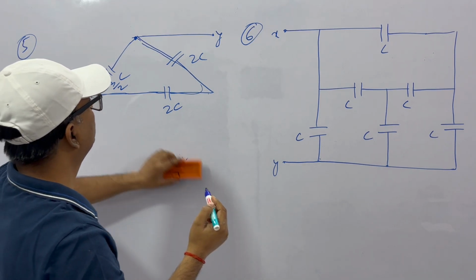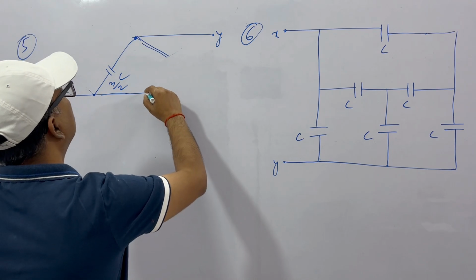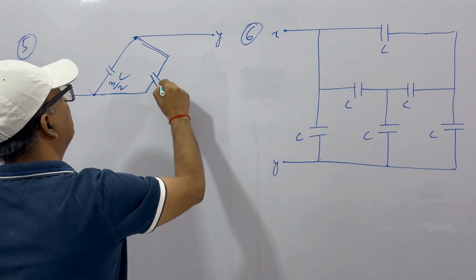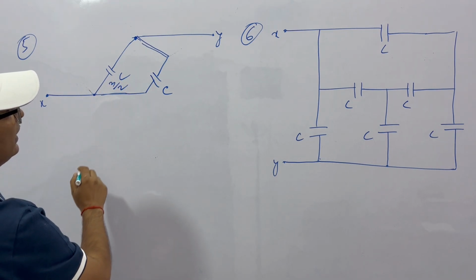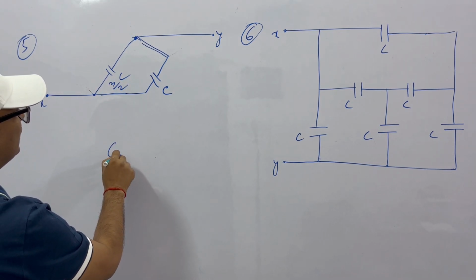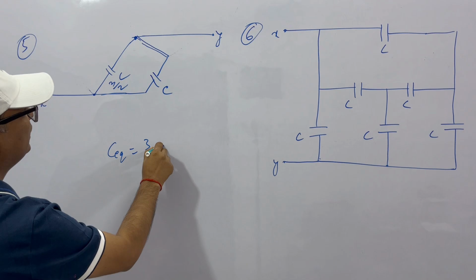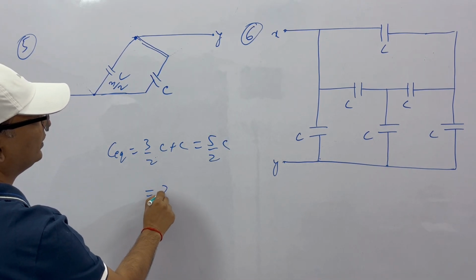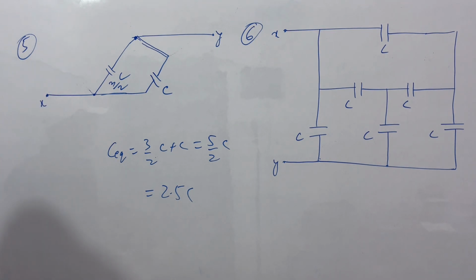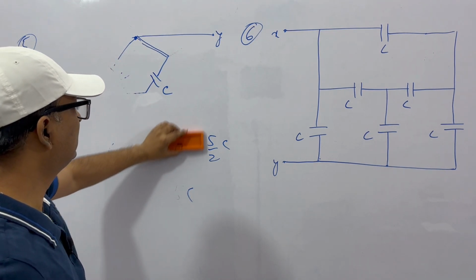See, so now we can replace this by a single C. Now what do we have? 3 by 2C and C are in parallel. So the equivalent capacitance will be 3 by 2C plus C, that is 5 by 2C or 2.5C. Okay. So this is how we get this question.